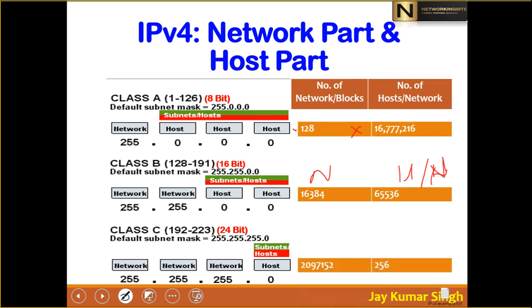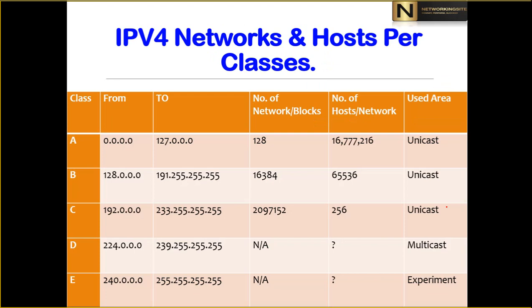Here also this is network and this is host per network. Minus 2 is not written there, it is automatic. If we do not do minus 2 also, no problem, but when we assign those IP addresses, we will always minus 2.